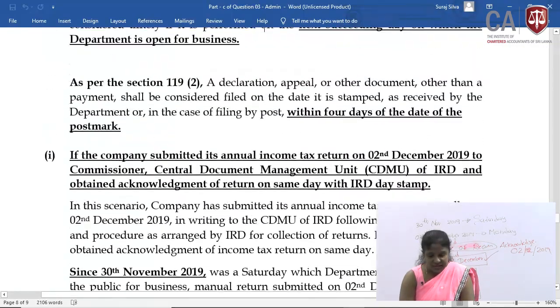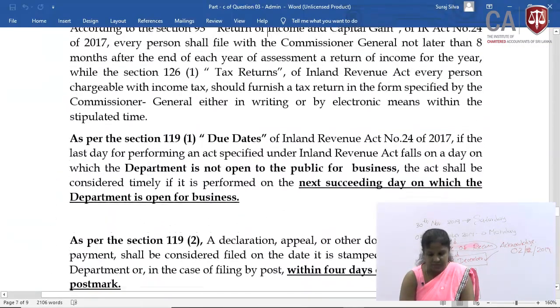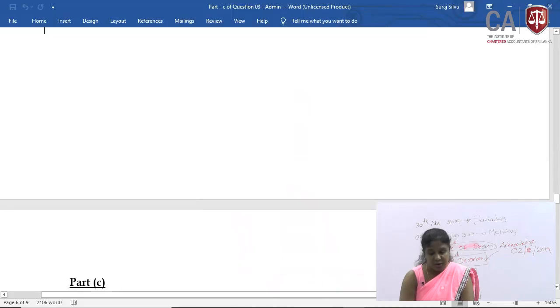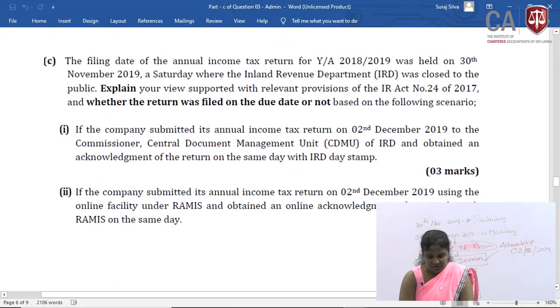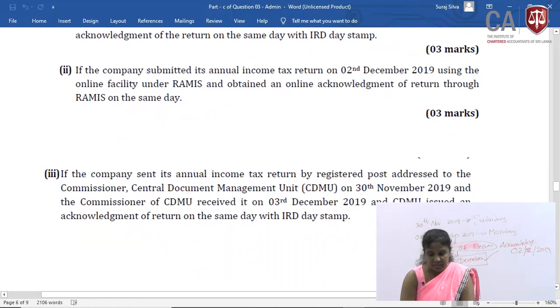Then go for the third, 3 marks question, under the requirement to explain with the legislative provisions of the Inland Revenue Act, confirming whether you have filed the return on the due date or not.